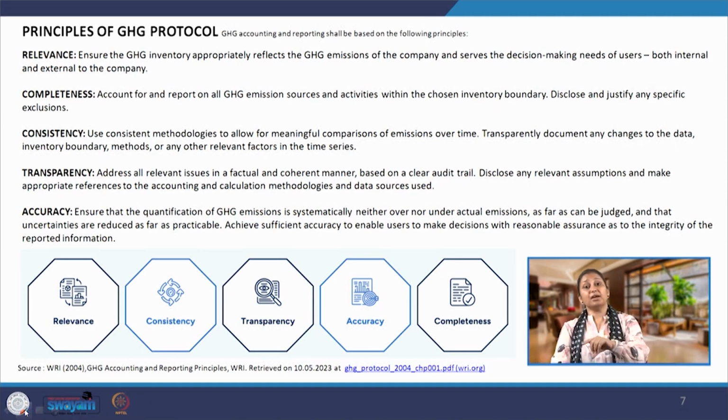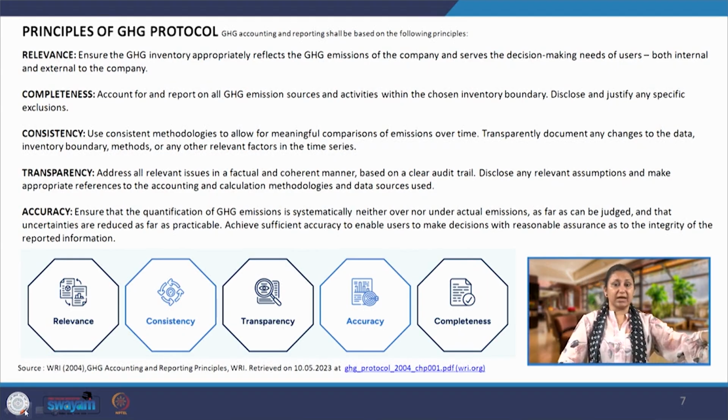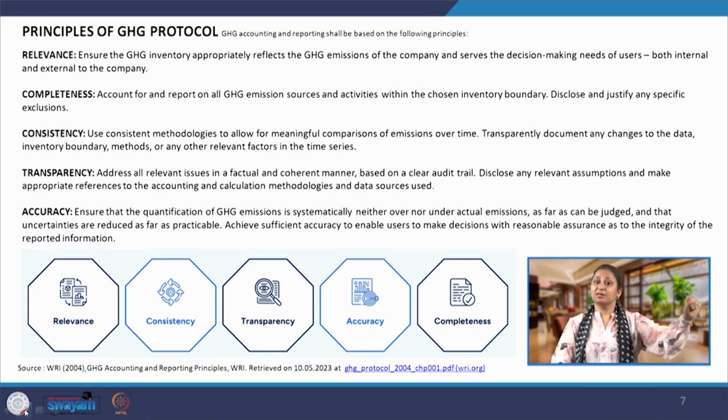Now, when we are actually calculating how much operational energy the building consumed, often we tend to forget that there was a part of the energy which was actually supplied by the generator set. Because the metering of this generator set is not going to the meter which is actually billed, it is a separate meter, a lot of times we might be forgetting to include this DG set. So, this is not making the inventory complete.